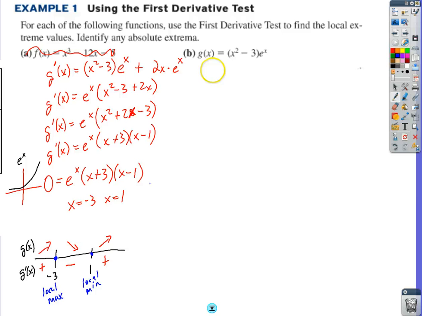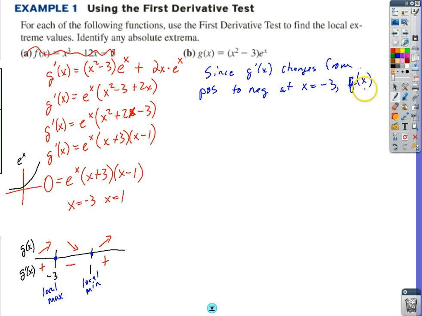Okay, so again, I go to the same type of phrase. Since g prime of x changes from positive to negative at x equals -3, g of x has a local max at x equals -3.